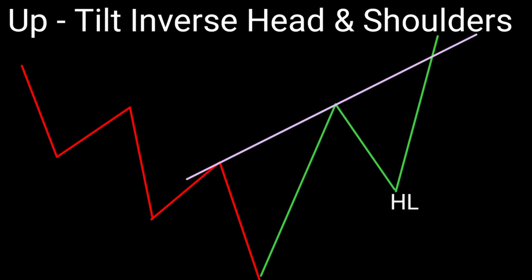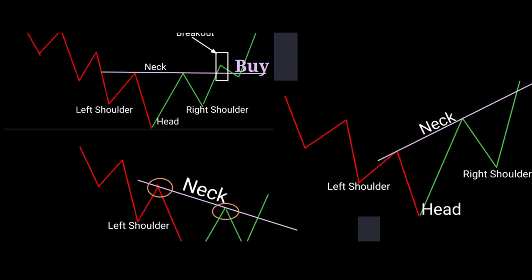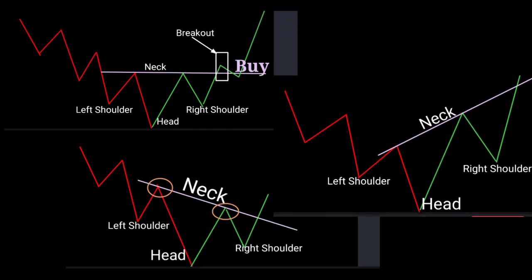The neck region is connected by an uprising trend line. It's a very strong bullish signal, because whenever you have an up tilt inverse head and shoulder pattern, it is a signal that there is bullish strength in the market. So these are the 3 types of inverse head and shoulder patterns that we have.